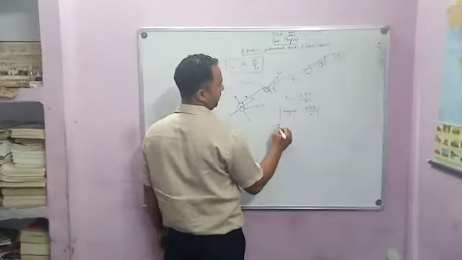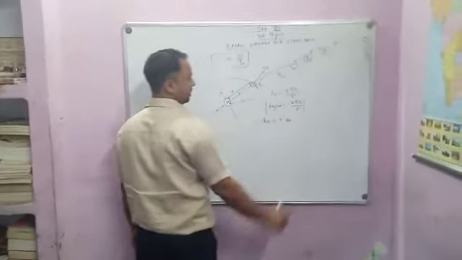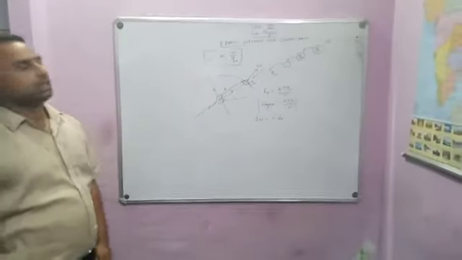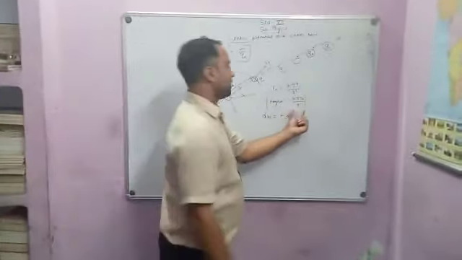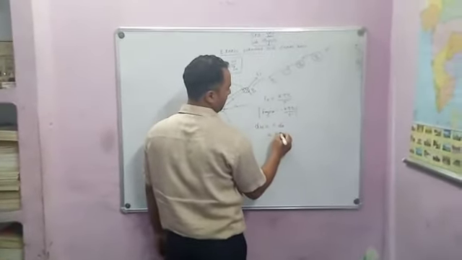Work done is equal to F dx. This is the basic formula for the work done. What is the force acting on the test charge Q naught?